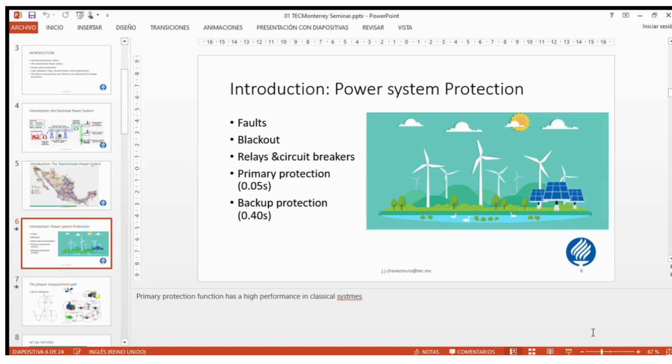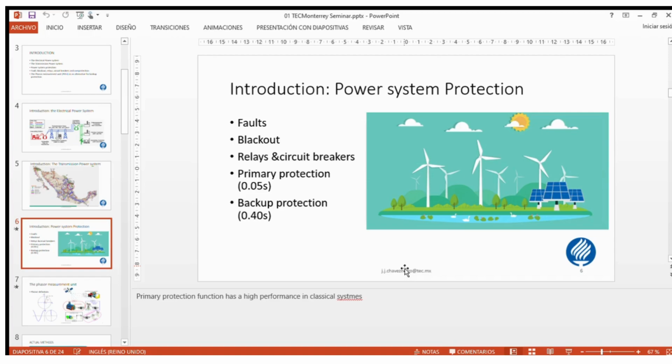The fault can be so severe or so intense that it can produce a blackout, a cascade blackout. So we don't want that, no? We need to provide the customer with energy every time. And also we want to protect our transmission system, no?